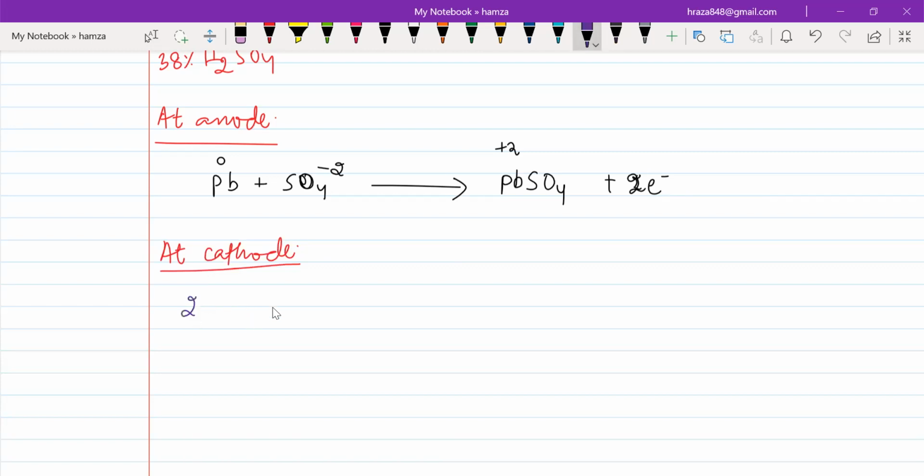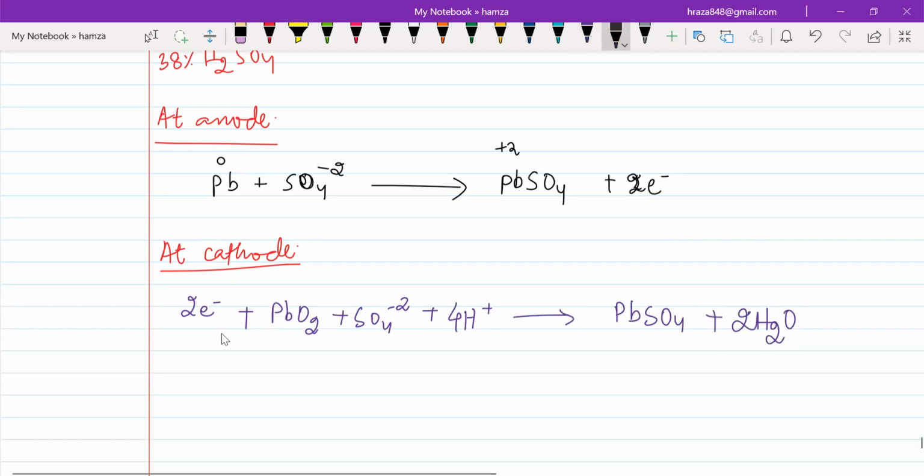At cathode, there will be reduction. So we know that PbO2 at cathode will react with SO4 minus 2, which is also in the solution, and H plus is also there. So it will combine to give PbSO4 plus 2H2O. So these 2 electrons will be gained at cathode. There will be reduction.